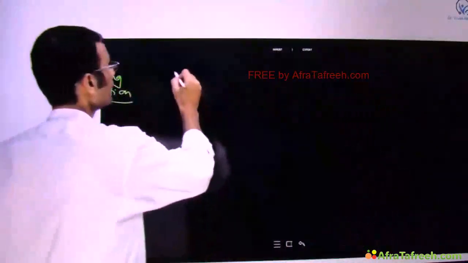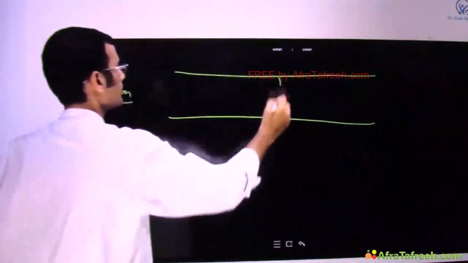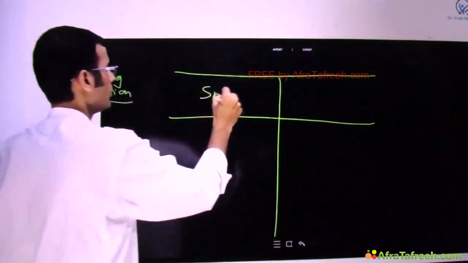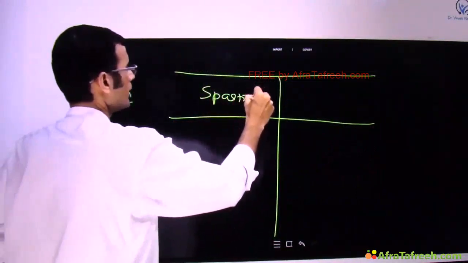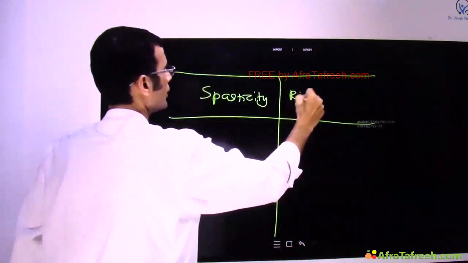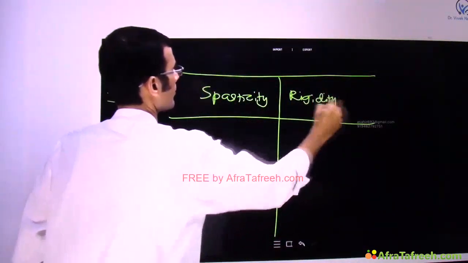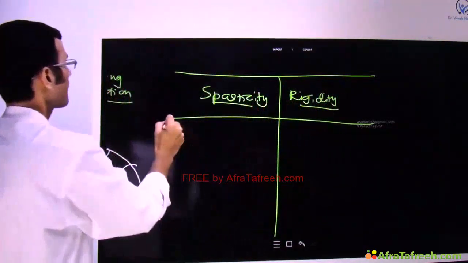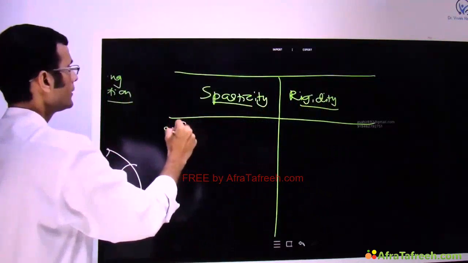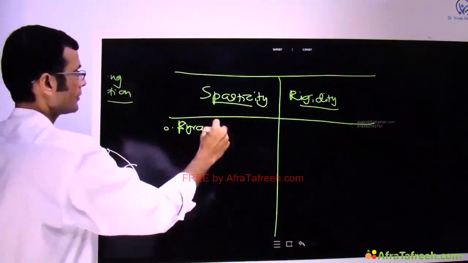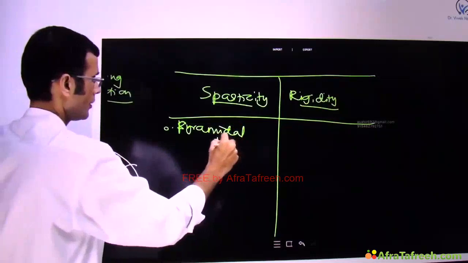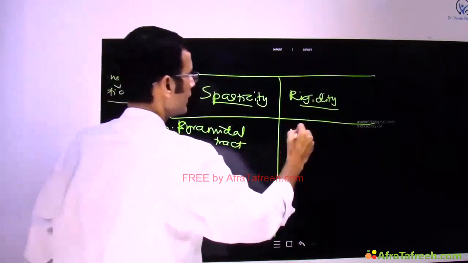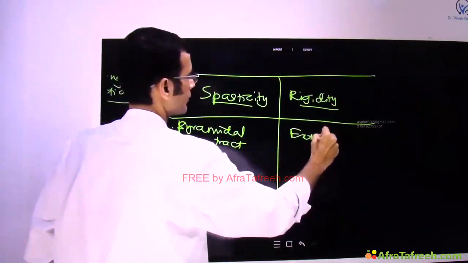So hypertonias are basically of two types, spasticity and rigidity. Spasticity is seen in the pyramidal lesions, pyramidal tract lesion. Rigidity is seen in the extrapyramidal lesions.